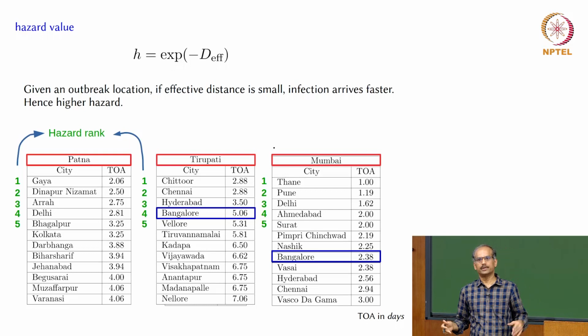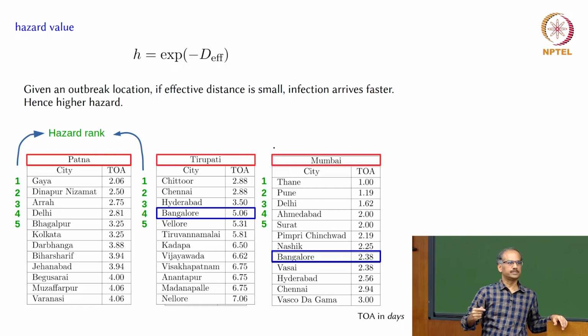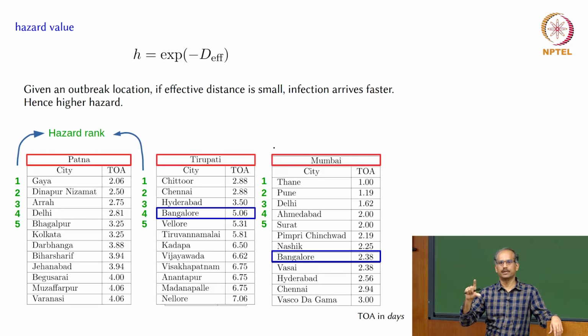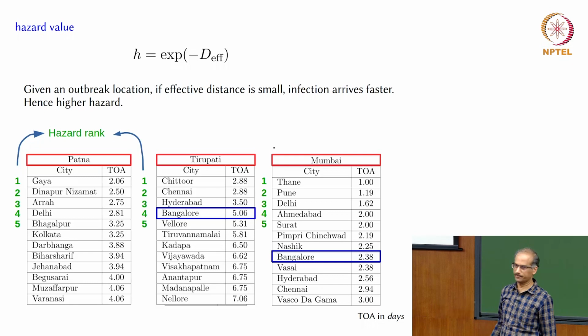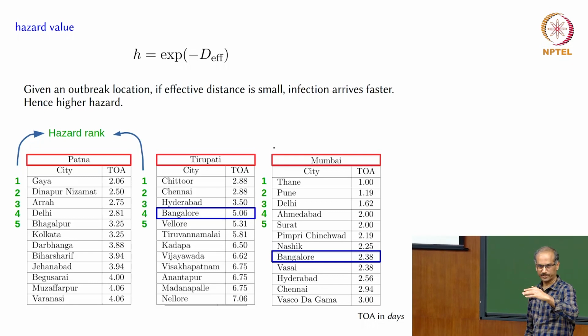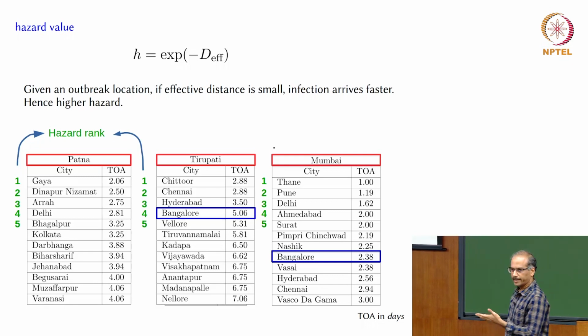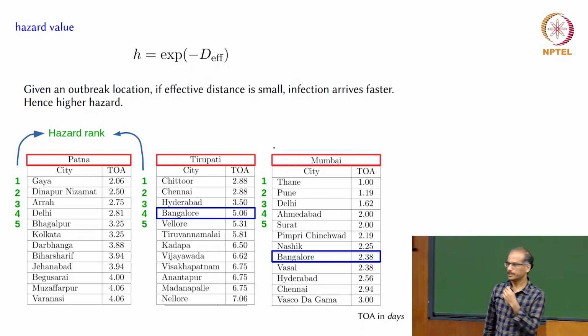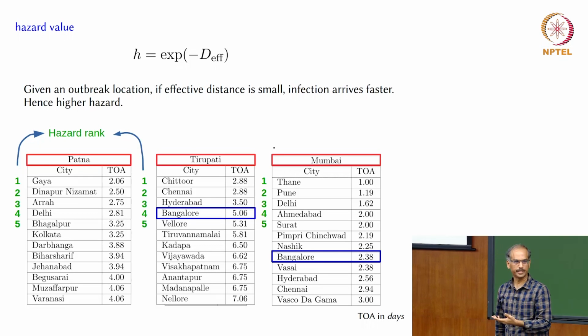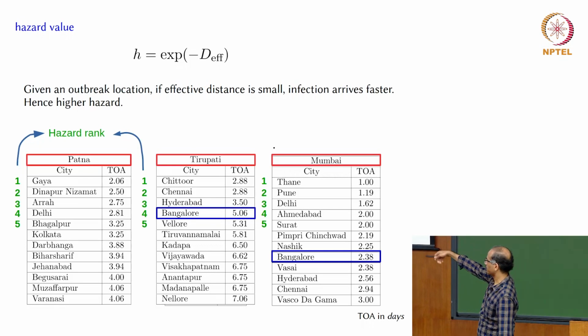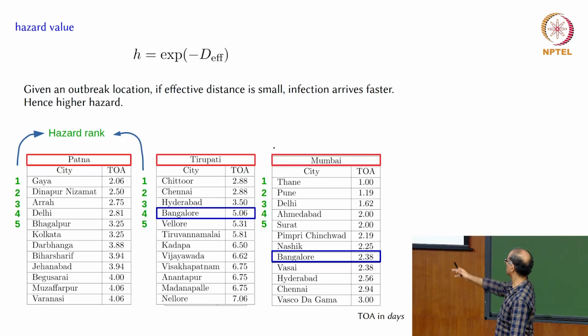Then from the data, you ask the question, which are the top 10 cities most likely to be infected if Patna is the first outbreak location? So that is what you get. And TOA is time of arrival. If Patna is affected, a place like Gaya would get it in approximately 2 days, and Delhi would get it in close to 3 days, and so on. Then you can give a rank 1, 2, 3, 4, 5, and that would be the top 10.